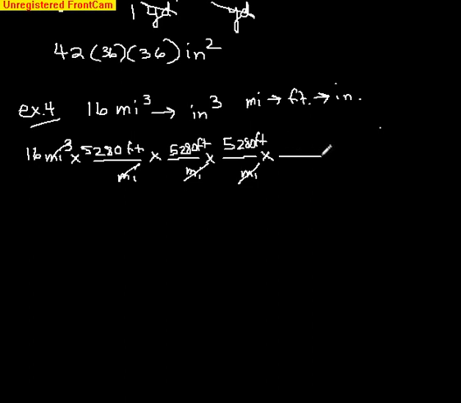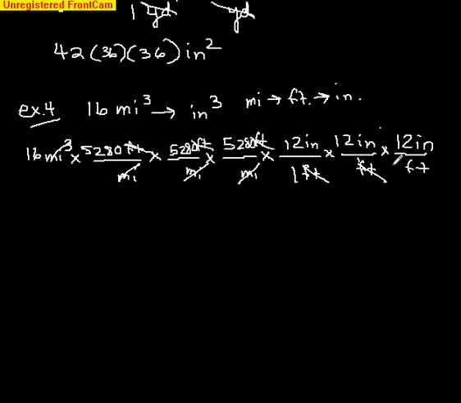So now we're going from feet to inches. So we need 3 of these again. The feet are on the top, so we're going to have to cross those out with the feet on the bottom. And we know there's 12 inches in 1 foot. So all the feet, this foot will cross out with this one, etc.